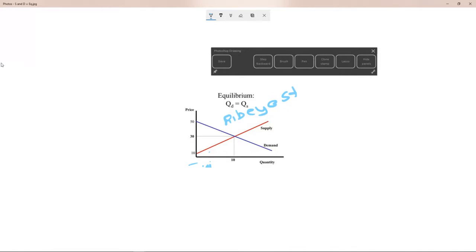So a normal good, if the income goes down, we will see a reduction in the demand. And then we'll see a new quantity and price at equilibrium. If they want to sell those products to us, as our income falls, they're going to have to reduce the price. And also they're going to reduce the quantity.